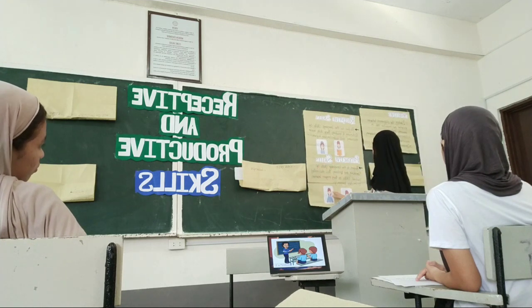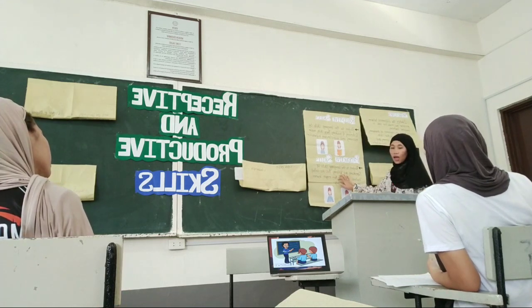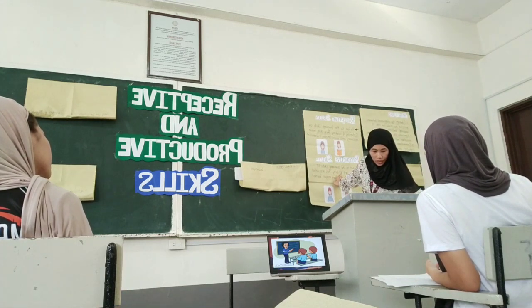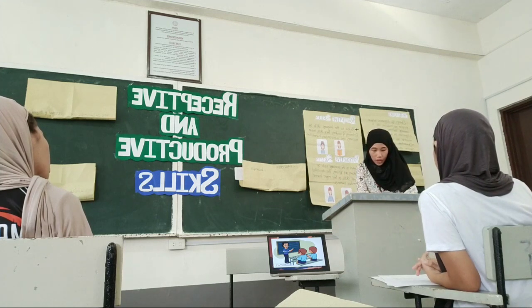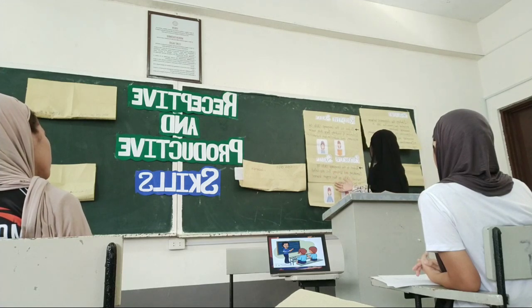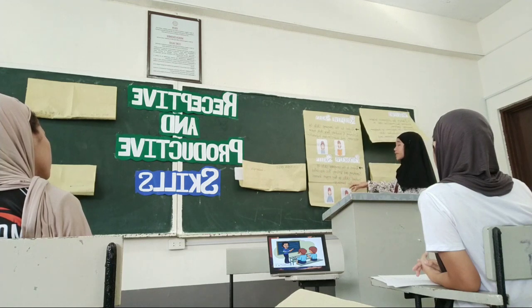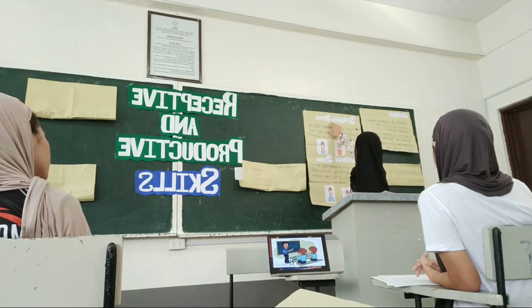Productive skills refers to the language skills of speaking and writing. These skills involve generating and expressing information, and this is also called output or kinalabasan, as they require learners to produce language. So they are opposite.